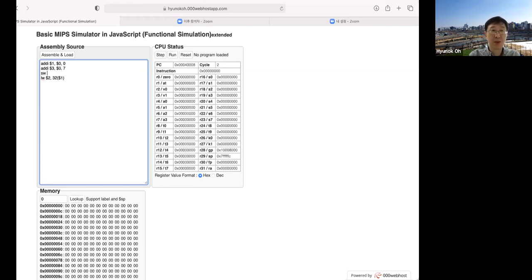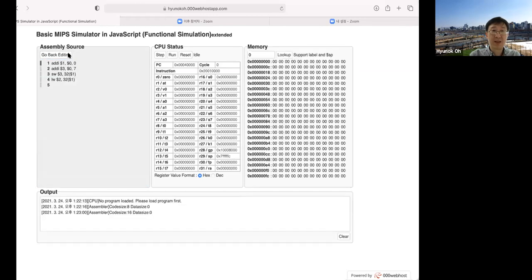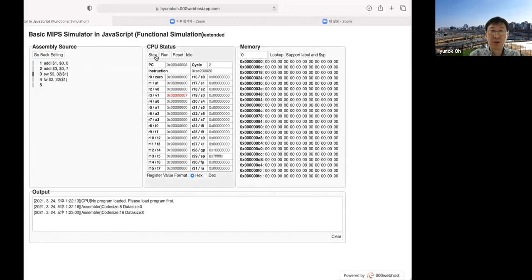And then store $3, 2, then run that one. This is 7, and it is stored into the 32. There is a 32 place here, right? Here it is stored, and then load that value into the register. Can you do it?